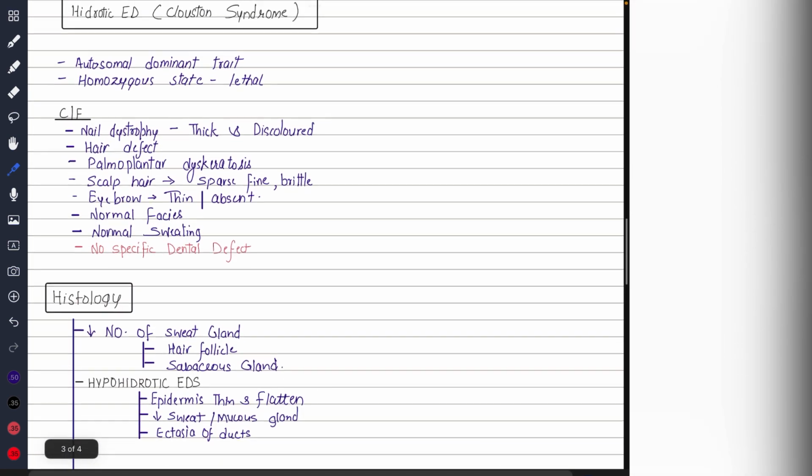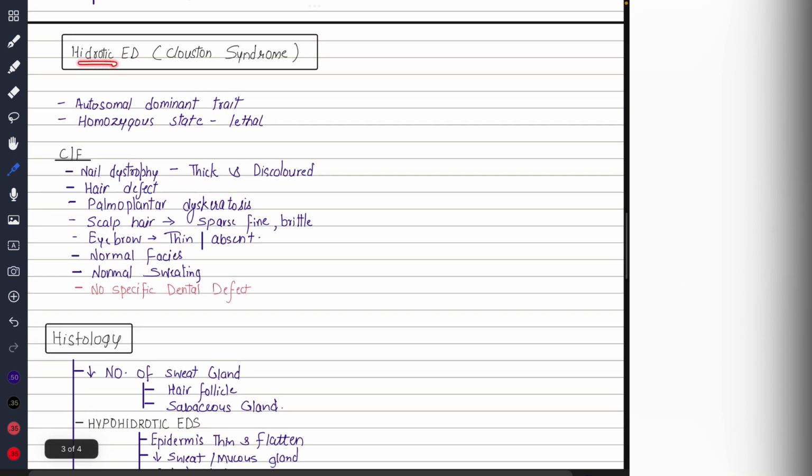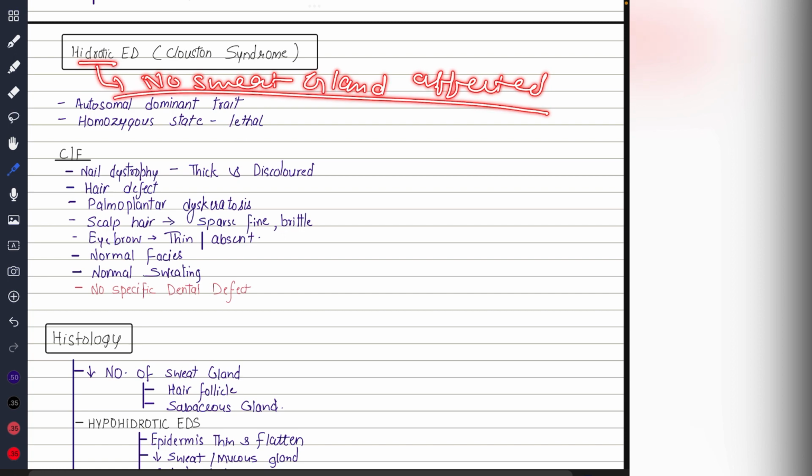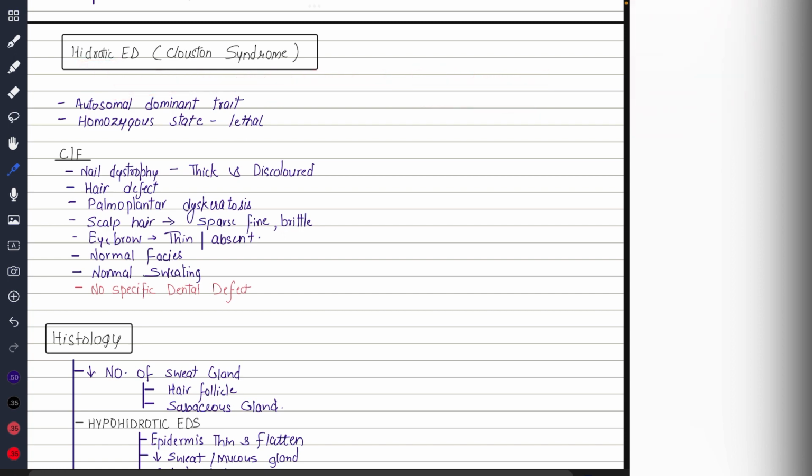So what is the other variant? The other variant is hydrotic. Hydrotic means the sweat glands are not affected. Basically, sweat will be present. Not all ectodermal dysplastic diseases have similar features. In some, some parts are affected, in some they are not affected. So you don't have to bother about that. Hydrotic is autosomal dominant.